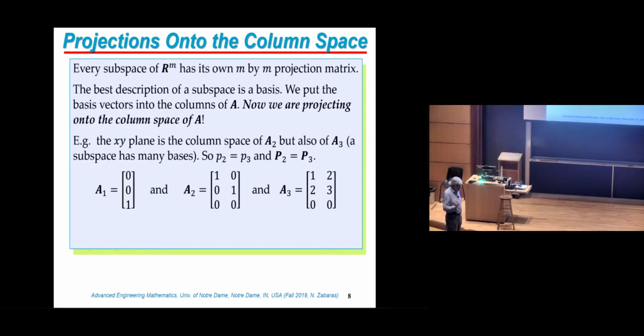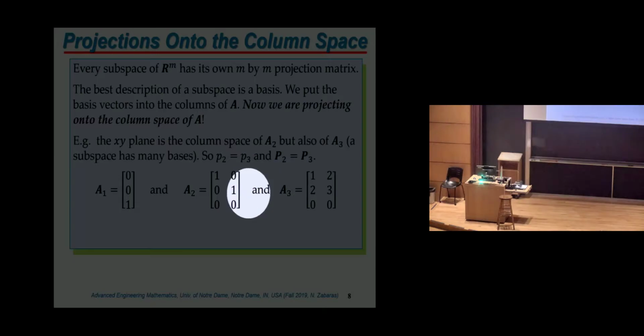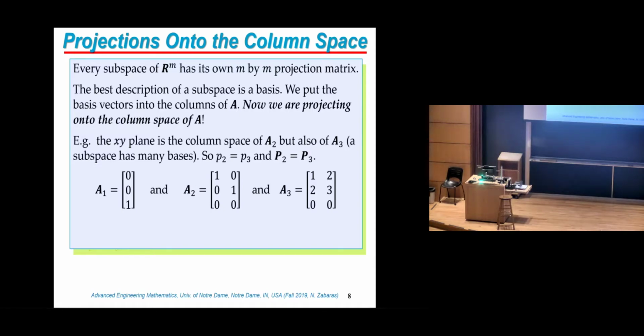So somehow, the calculations that we will do need to account for the fact that there are different bases, but when we project on this column space or that column space, we should expect to get the same projection points and also the same projection matrices.